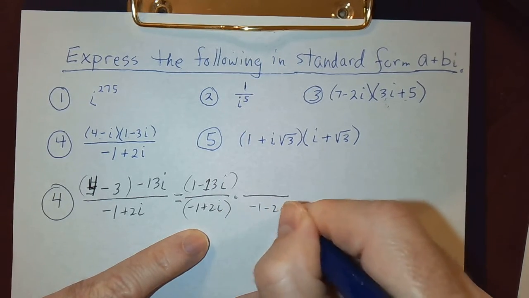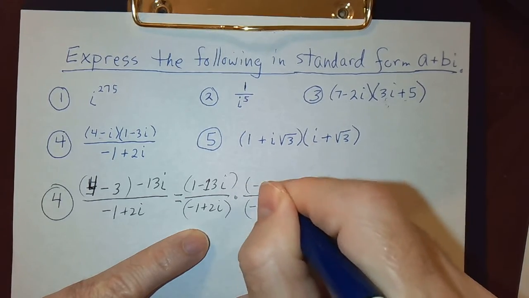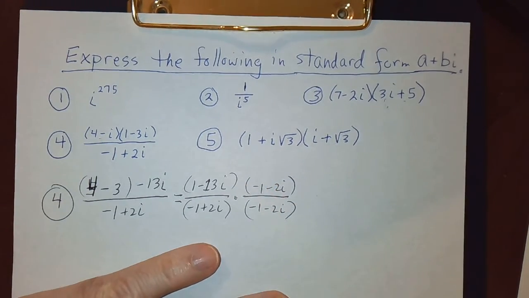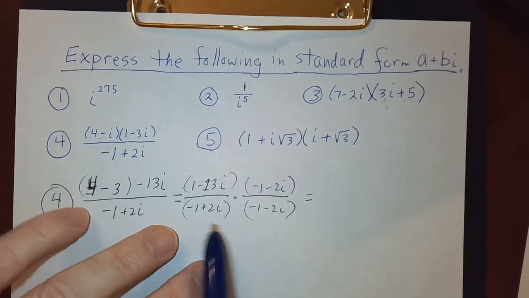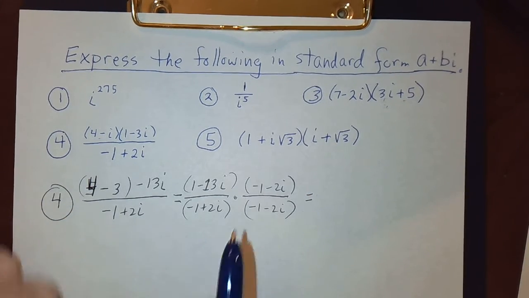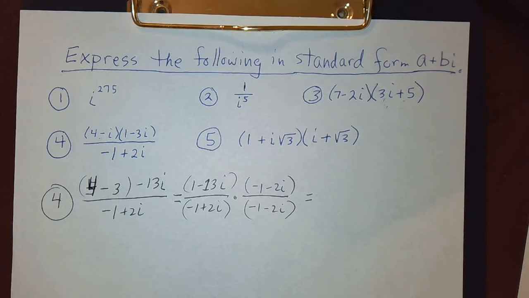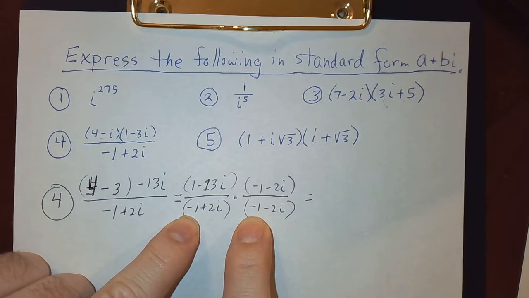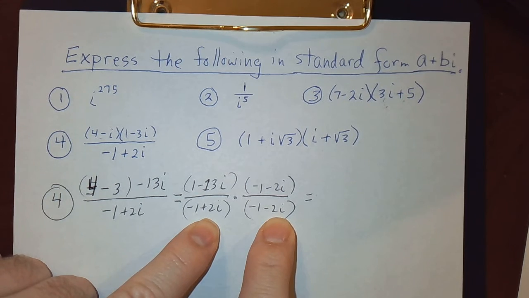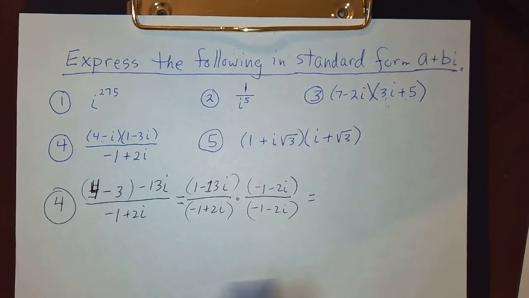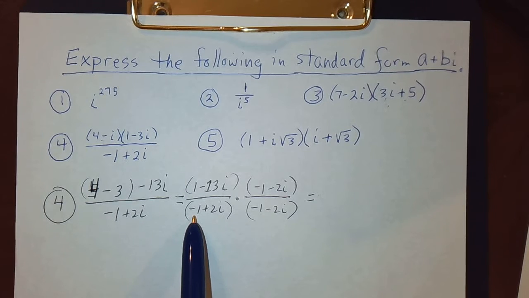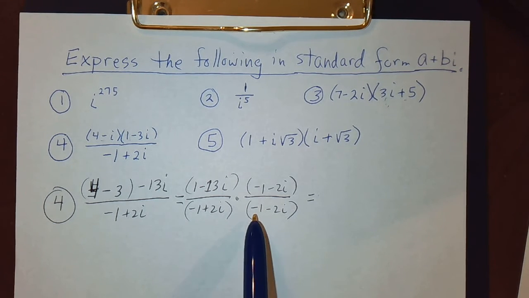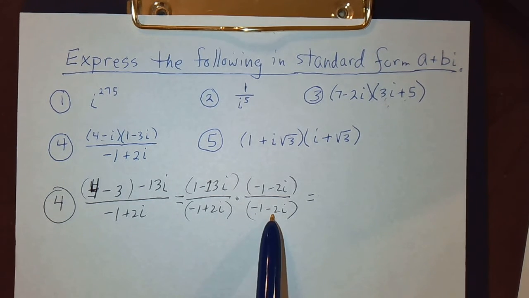Negative 1 minus 2i. Like so. And the beauty of this is that the numerator is going to be a real number now. The outer and inner will cancel out when we do our FOIL. So we just need to do the first and the last. We get a positive 1 and a positive 4. And remember, when you multiply complex conjugates, you can just take the real part and the imaginary part, square each one and add it. 1 squared and 2 squared is 5. Negative 1 squared and negative 2 squared, it's 5.